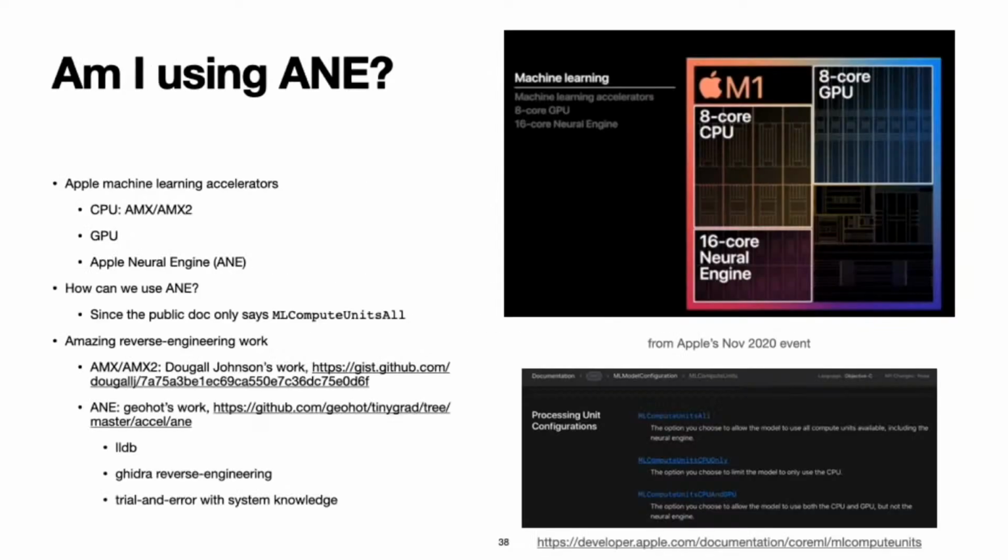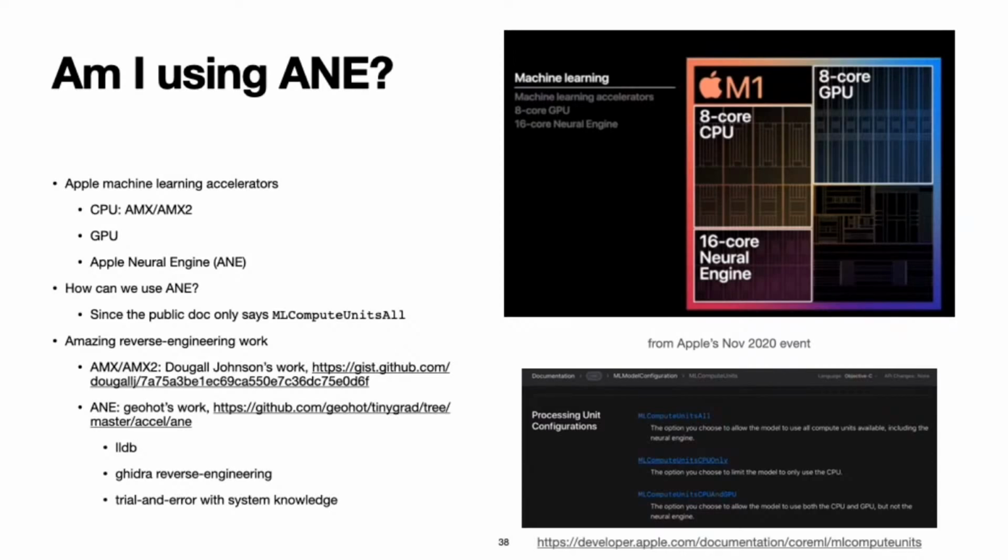The example I want to talk about is Apple Neural Engine related. Apple said in the M1 event that it provides machine learning acceleration on the CPU, GPU, and the Neural Engine. You might wonder, how can you be sure that your fancy neural network models are fully accelerated by the Neural Engine?